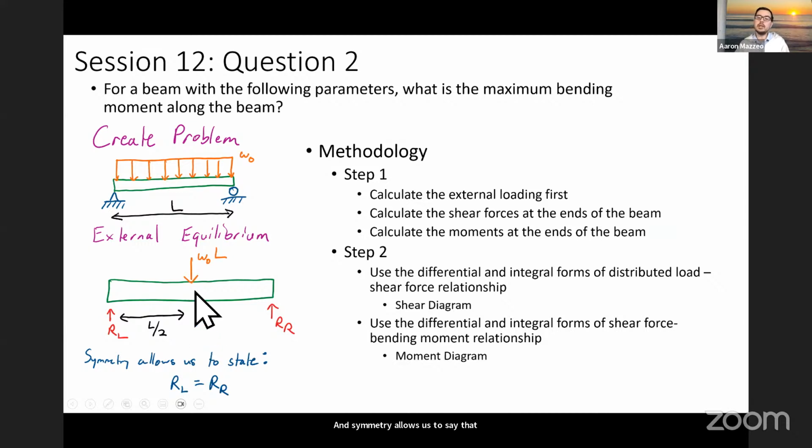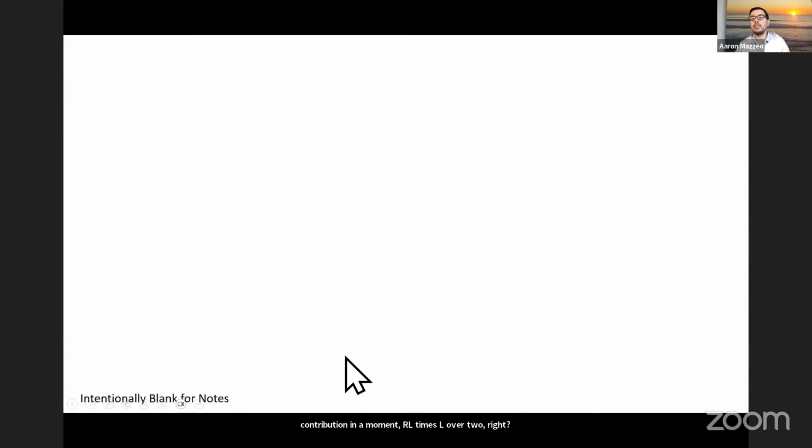This is not that big a deal if you really want to calculate it out, though. It's not just symmetry. If I take my point of interest right at the middle, I'm going to have one moment contribution, RL times L over 2, and I'm going to have another moment contribution, RL times L over 2. Those L over 2s are going to cancel out, and so I'm going to get RL is equal to RR.